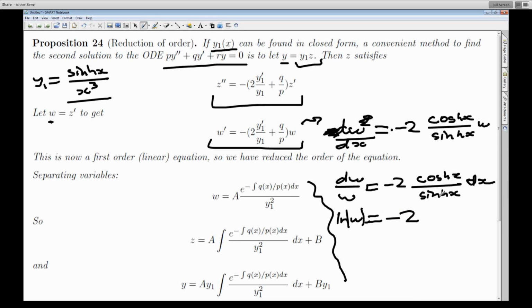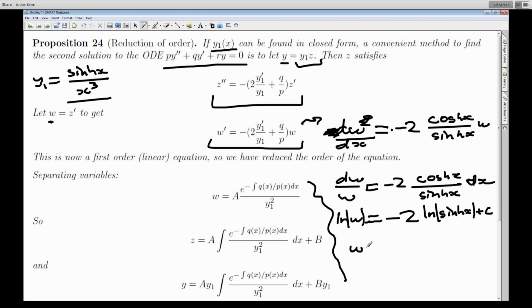Notice that the derivative of sin is cosh, so on the right-hand side we end up getting minus 2 log of the bottom, plus some constant. If you get rid of the exponentials and the absolute value signs, you can absorb it all into the constant.